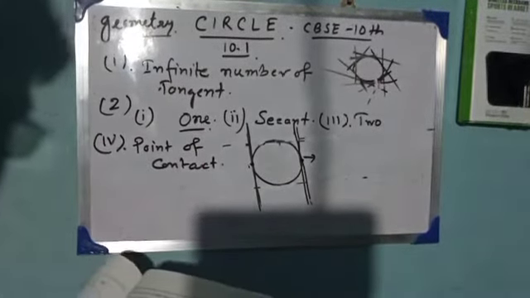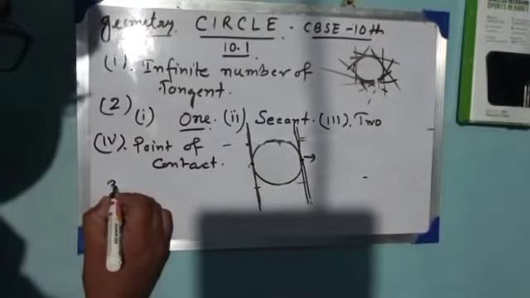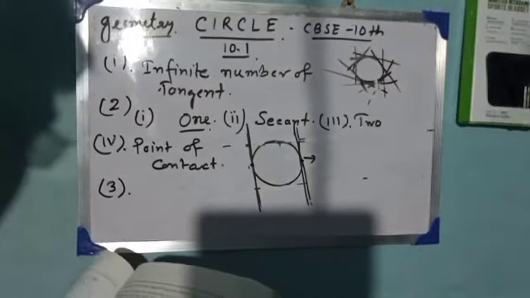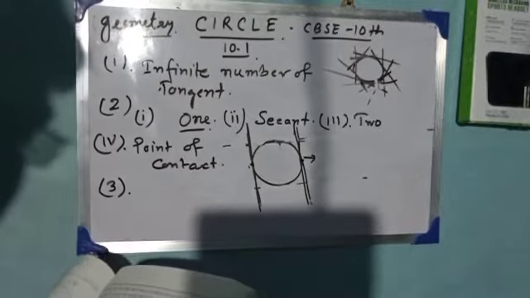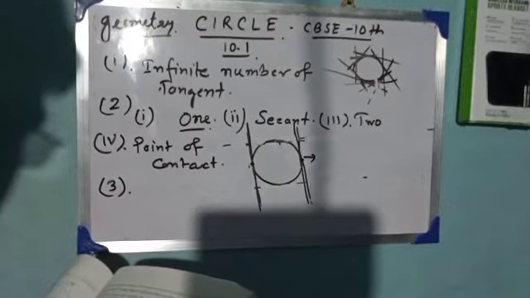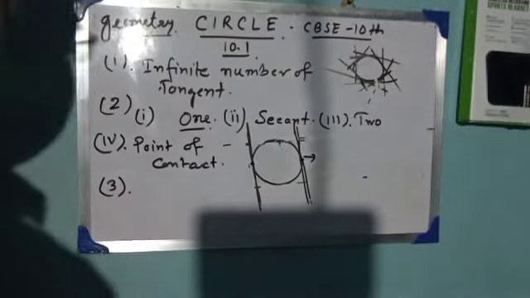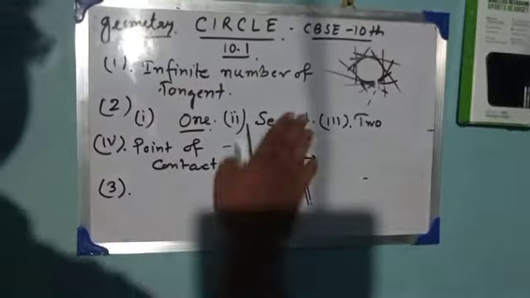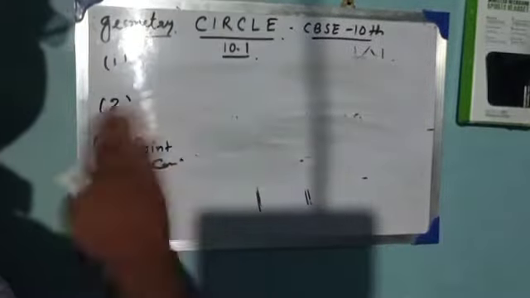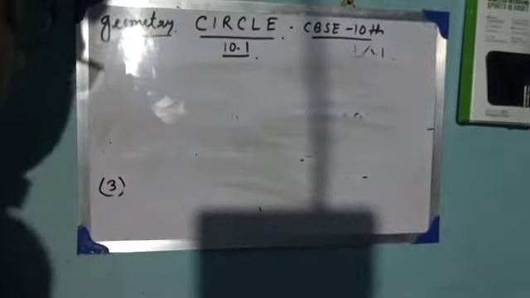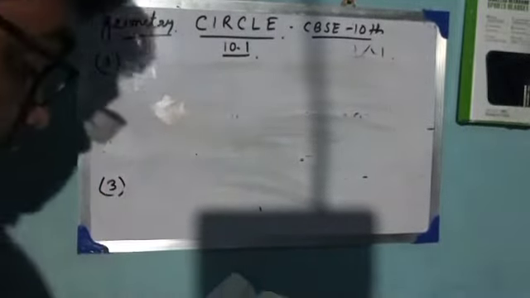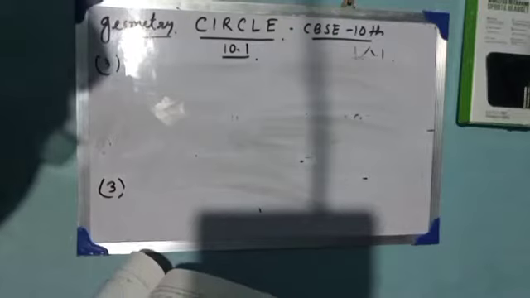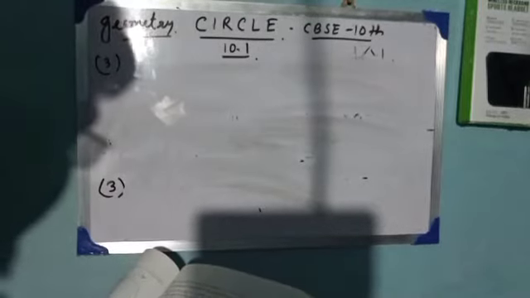Next, come to question number 3. What is given in question number 3? A tangent PQ at a point P of a circle of radius 5 meets a line through the center O. For this we have to draw a picture, so I am erasing this.